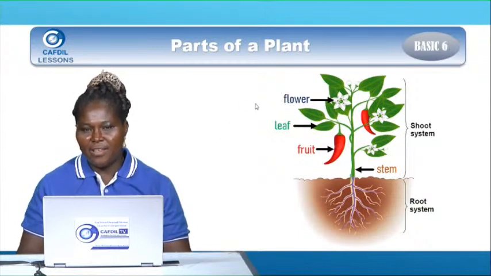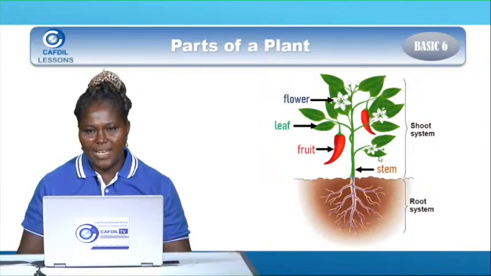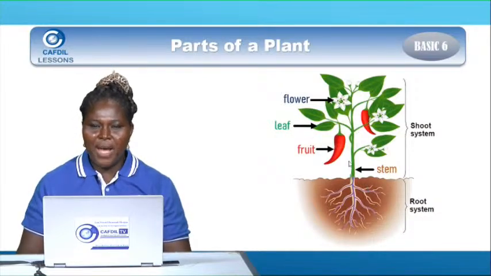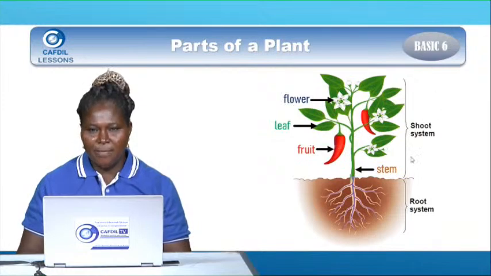We have flower, leaf, fruits, and then the stem. Now the parts of the plant have been divided into two. We have the shoot system, that is the top ones.